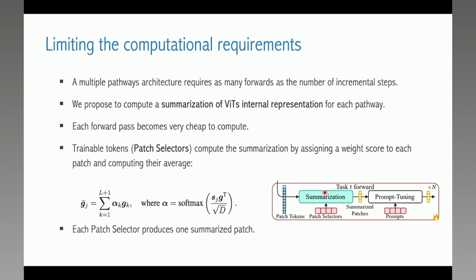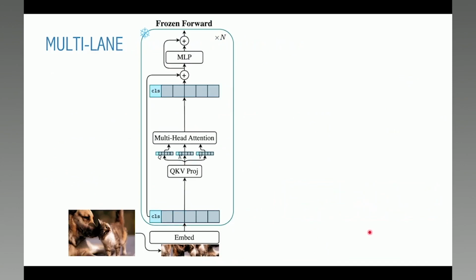And so what is happening, and this is illustrated here, is that from the original patch tokens, we are learning some patch selectors and we are performing some summarization, and then the summarized patches will be used for prompt tuning, making the prompt tuning much more efficient. This is an expansion of the architecture that we propose, that we call multi-lane. So we have first a common forward on the frozen visual transformer.